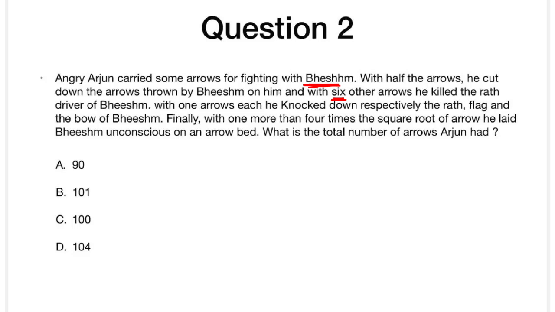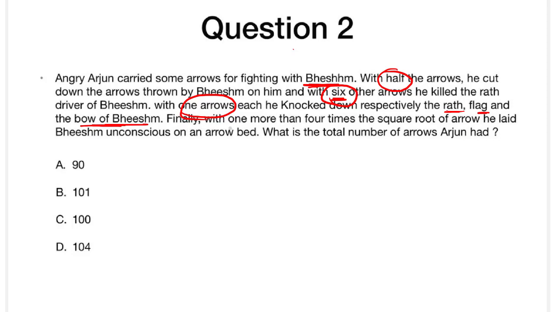Here he says with half the arrows, just underline it, he cut down the arrows thrown at him, and with the other 6 he killed the Rath driver of Bhishma. With 1 arrow each he knocked down 3 things: Rath, flag, and the bow of Bhishma. So he used three here.